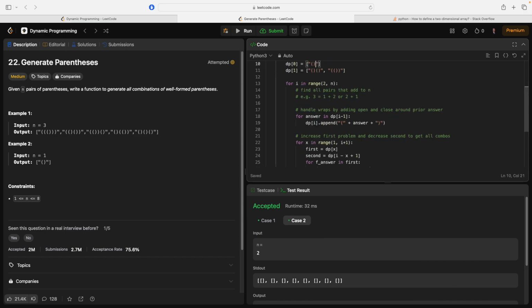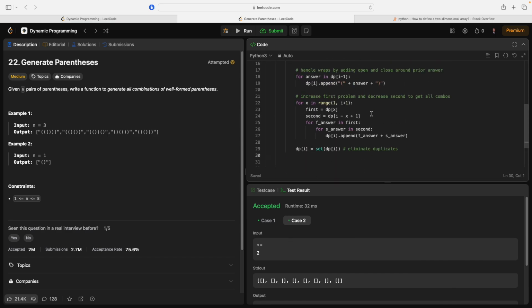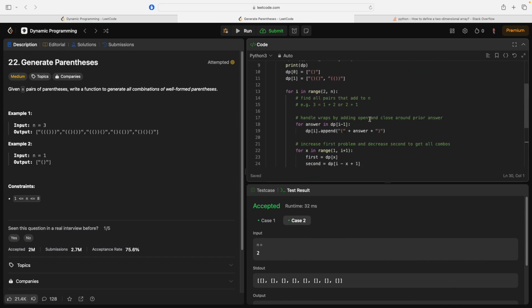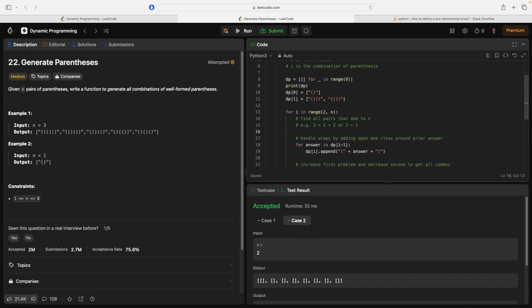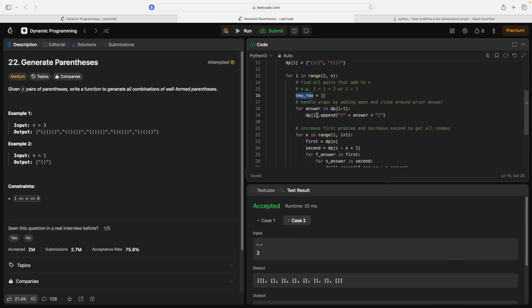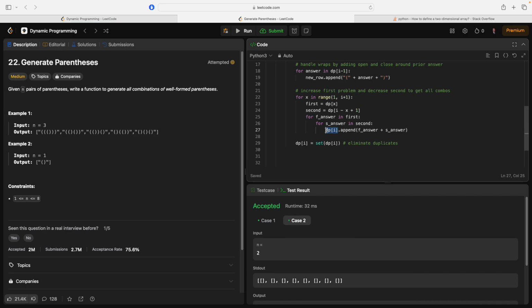No, but maybe it's that we keep on accessing the 2D array over and over. So actually, what if we tried saying new row equals an empty array? And now we say new row instead of DP[i].